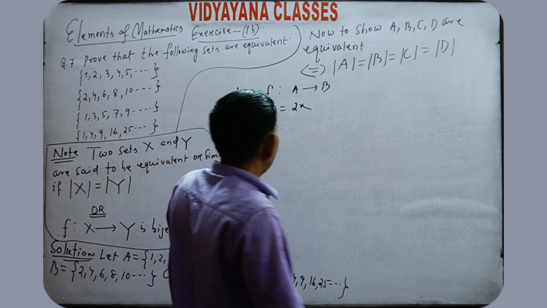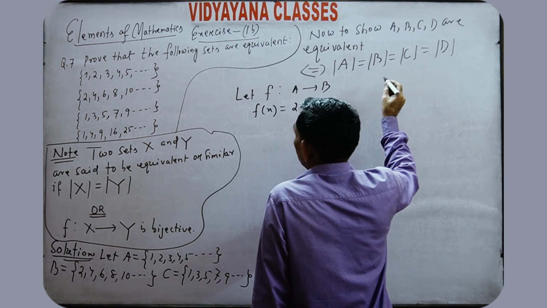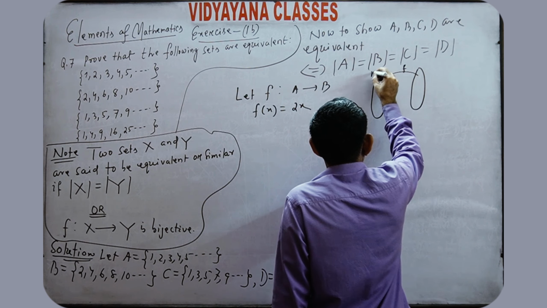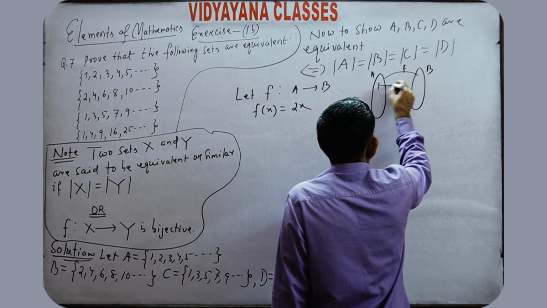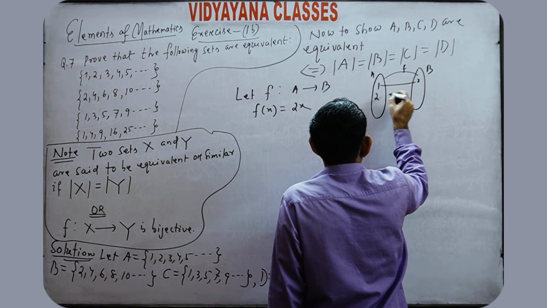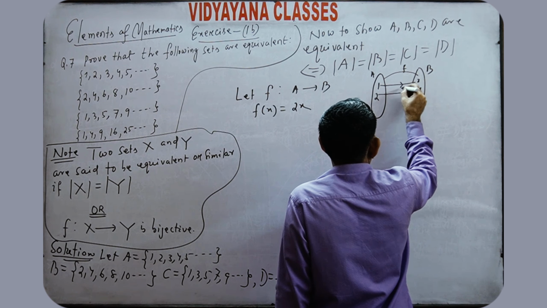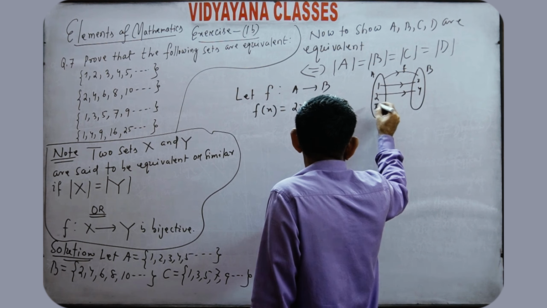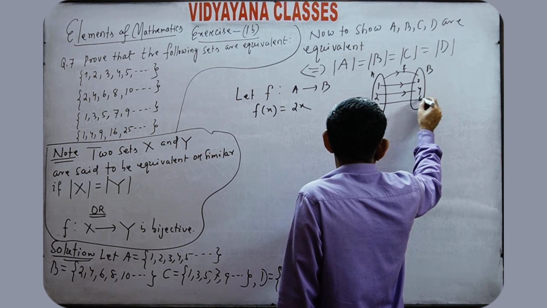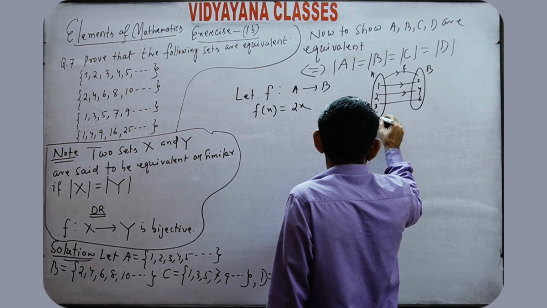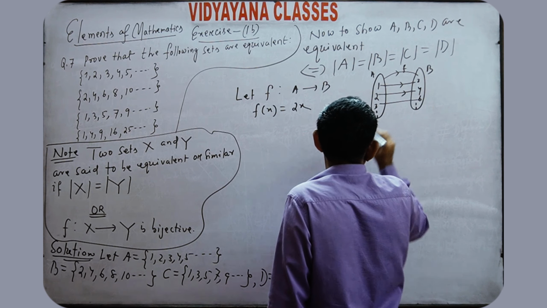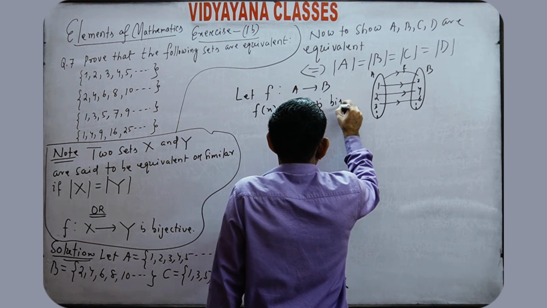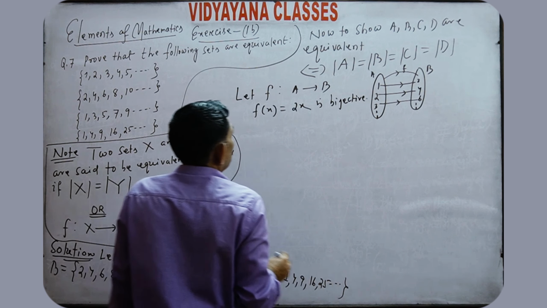There exists a one-to-one correspondence between the elements of A and B. F is the function from A to B. 1 corresponds to 2, 2 corresponds to 4, 3 corresponds to 6, and so on.